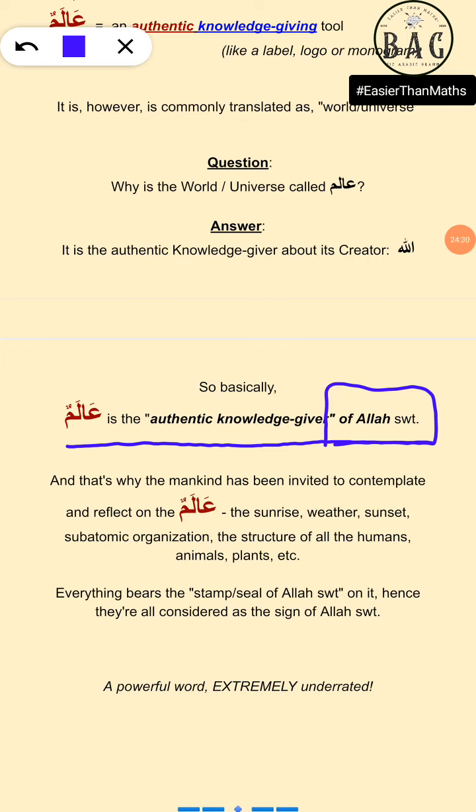Then we have all those subatomic particles, the subatomic organization, the atoms, the molecules, electrons, protons, and neutrons. Whether you look at the subatomic or microscopic level, or go beyond that to the macroscopic level, such as the planets, the galaxies, the stars and the physical processes there, you've got fission and fusion reactions happening all the time in the stars.